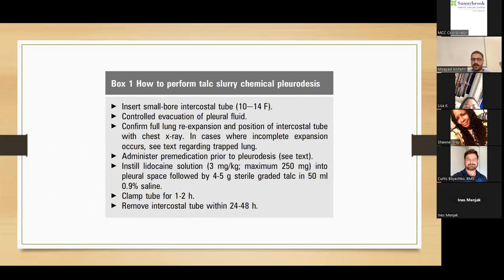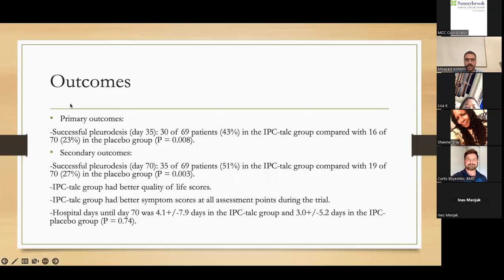And then after that, you mix your talc, 4 to 5 grams of sterile graded talc, into 40 to 50 ml of normal saline. And then you inject it after you have pre-medicated. Then you wait and do vitals for the first half an hour to an hour. Typically, you keep them for 2 to 3 hours to make sure everything is fine. You do an X-ray, you send them home, and you follow up. So this is how it's done.